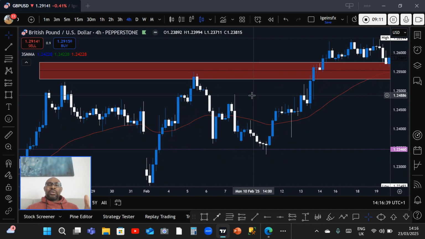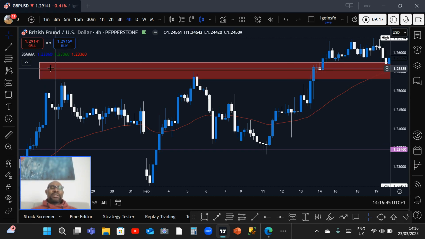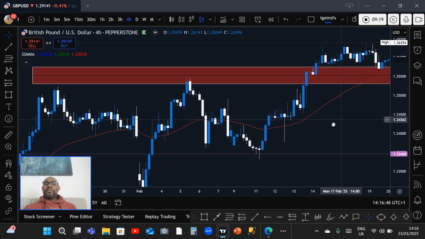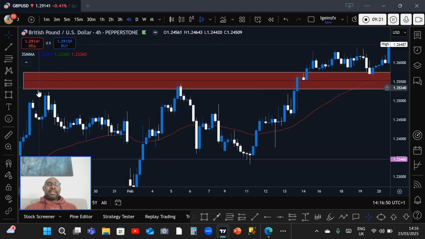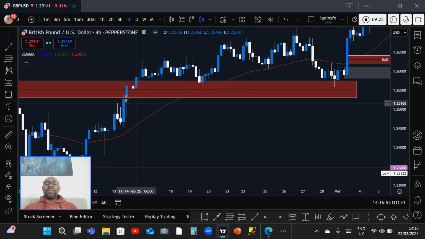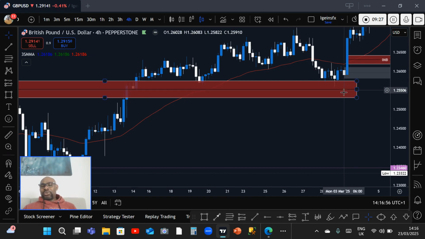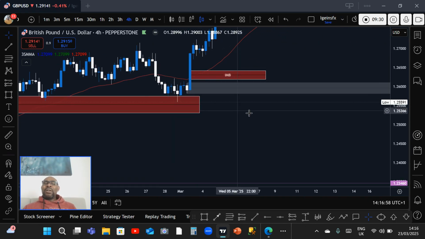We now know, based on the data, it is confirmed that anytime price gets to this level, it will reject. At this point, it was a resistance. Now, it's a support.